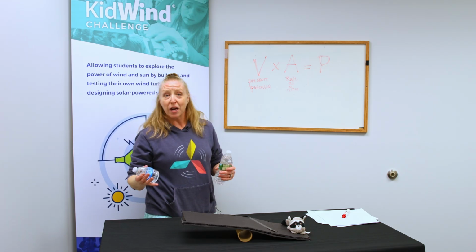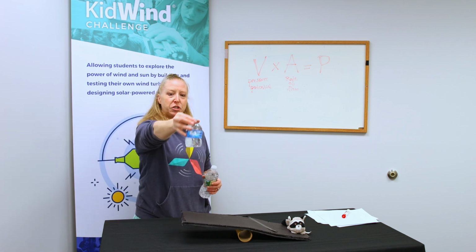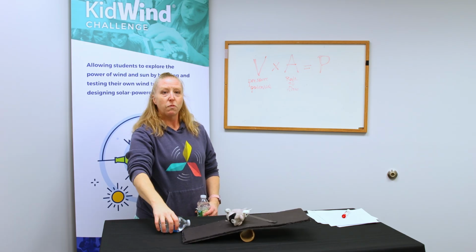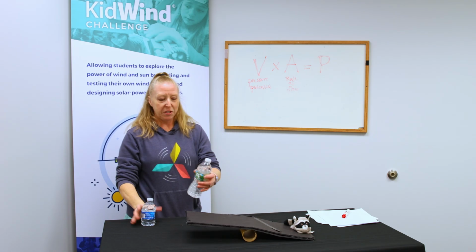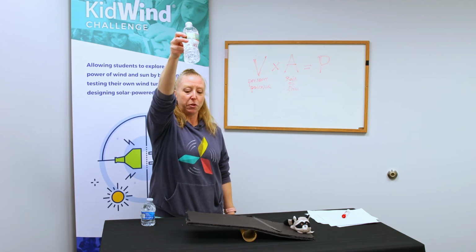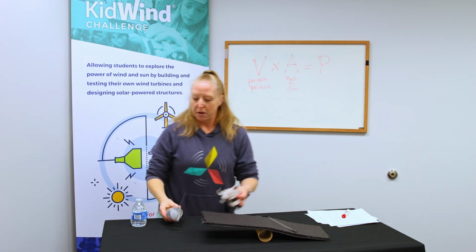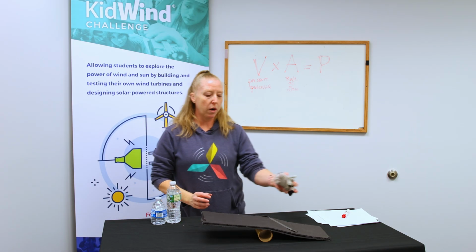So let's try a couple of scenarios. If we have low voltage and low current using our little bottle of water, Rocky doesn't go very far. But if we decide to increase our current and increase our voltage, he goes a little higher. So together with current and voltage, you can increase your power.